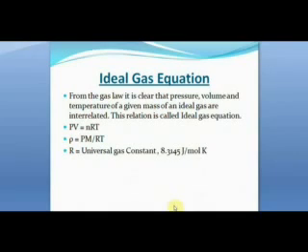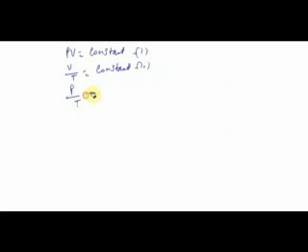So first we'll see how we arrived at this ideal gas equation. From different gas laws, that is from Boyle's law, Charles' law and pressure law, we had PV is constant, V by T is constant, and P by T is constant.